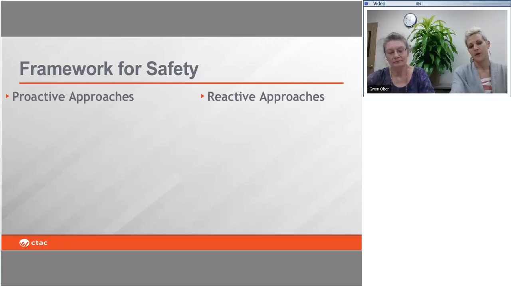So another framework that we can look at safety is thinking about planning for safety either proactively or reactively, and thinking about how do we have a proactive approach for dealing with safety. So you probably have some ideas about this already.